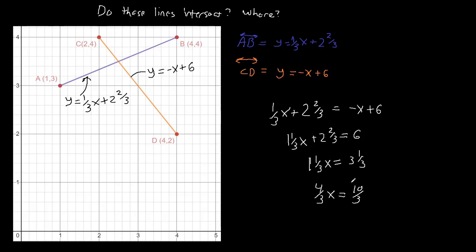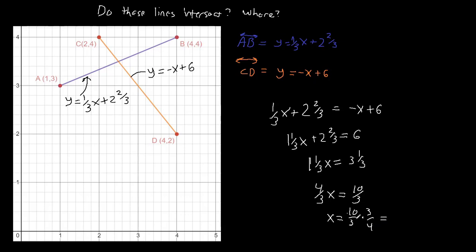If that was confusing, I strongly encourage you to go watch Khan Academy on how to convert fractions. Now we need to divide both sides by the number in front of x to isolate x. When you divide by a fraction, that's the same as multiplying by its inverse. So we're going to multiply both sides by 3/4, and we'll get x is equal to 10/3 times 3/4.